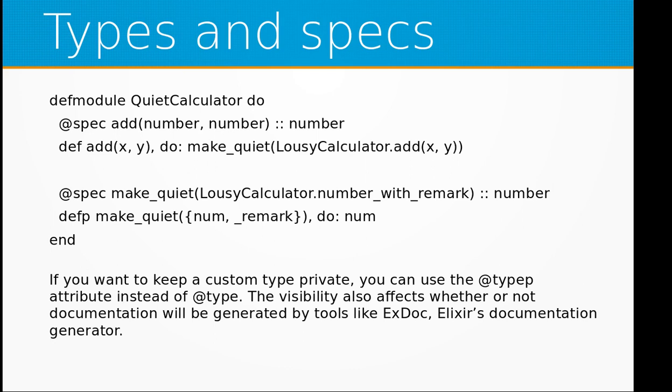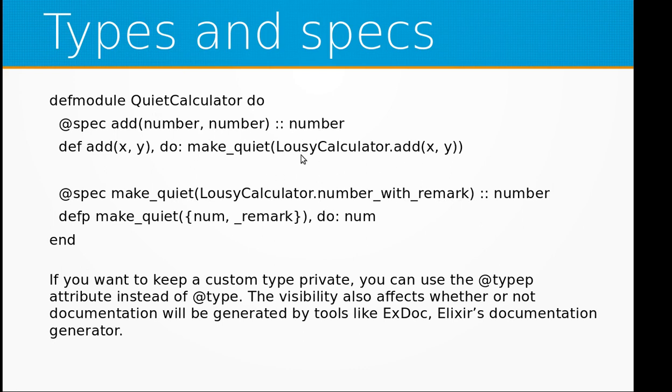Similarly, you can see here we have defmodule QuietCalculator do, and in this module we are defining a spec add, and then we are defining the function add, which is using the LousyCalculator add function right here. Similarly, in the make_quiet spec, it is again using the number_with_remark type from the upper code.